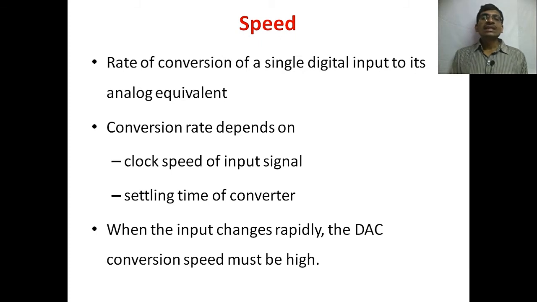So, the rate of conversion of a single digital input to its analog equivalent. Suppose a single bit on the input side changes, then after how much time do we get the output? Whenever the input binary word changes, that change must be reflected in the analog signal also.